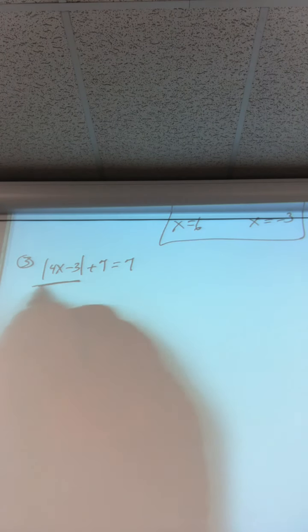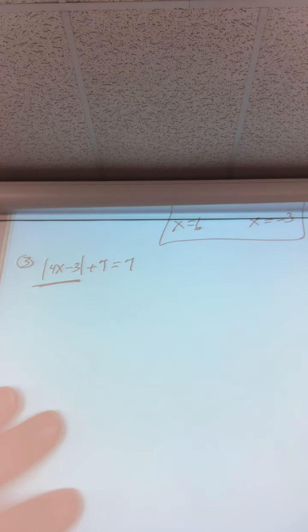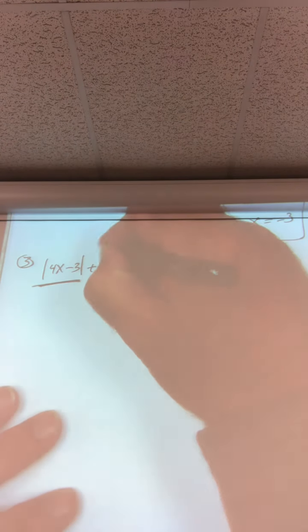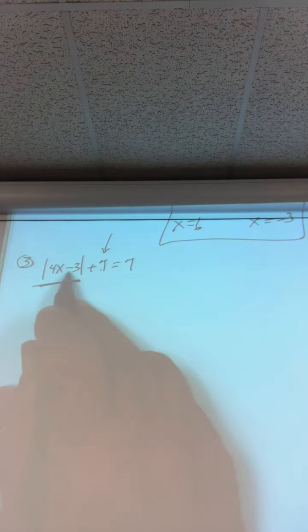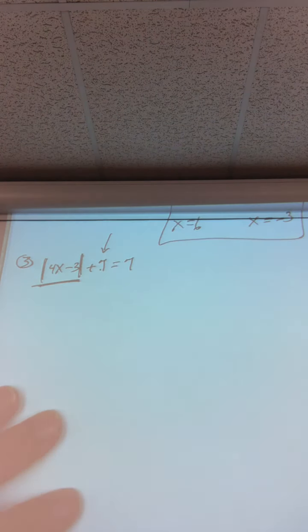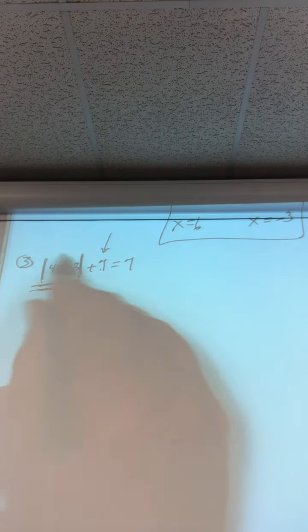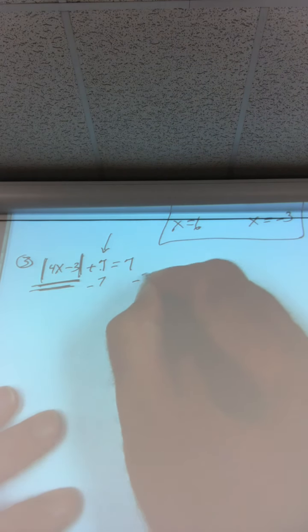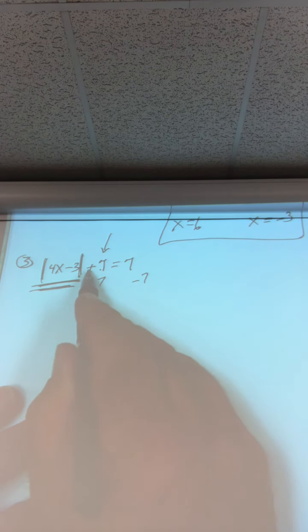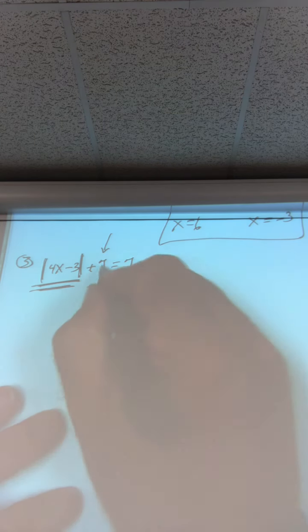Now, this is the absolute value term. It is not on a side by itself because of that adding 7. You can't add this 7 in with this negative 3 because these are absolute value bars. It's not like parentheses. So the first thing I've got to do is get this on a side by itself. I do that by subtracting 7 from both sides because that's a plus 7. If this was a minus 7, I'd add 7 to both sides.